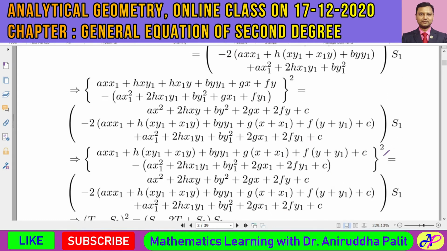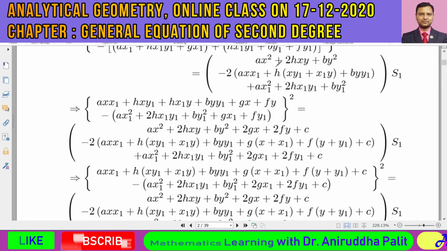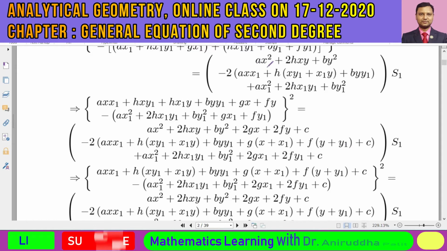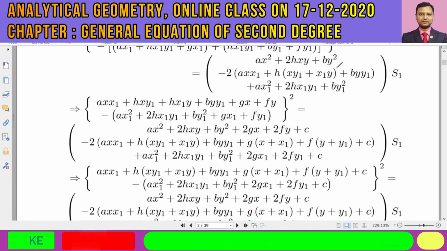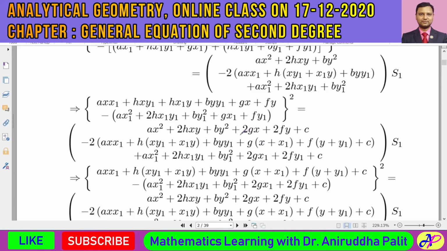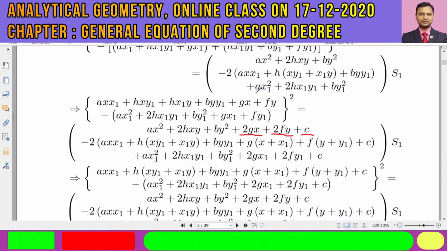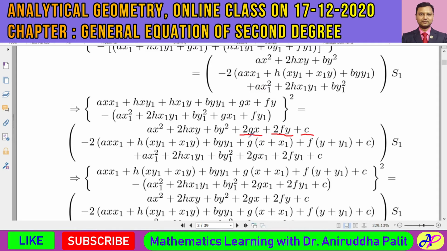Now on the right hand side, we actually had a x square plus twice h xy plus b y square. We are now making certain adjustments: twice g x plus twice f y plus c. These are extra terms. So this expression has to be adjusted, twice g x, twice f y, plus c.